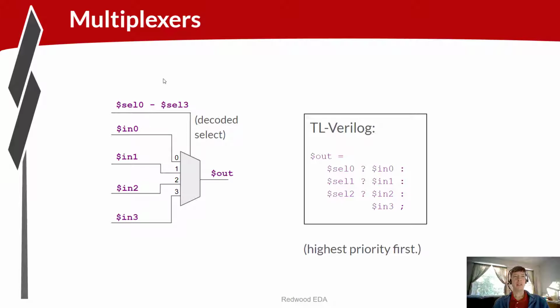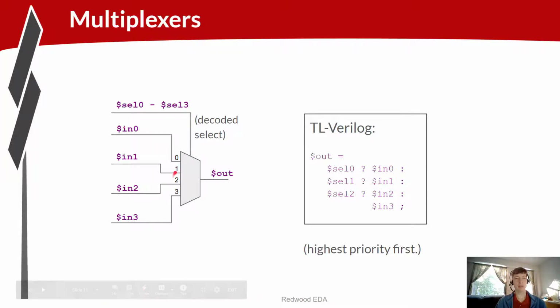All right, next up, I want to talk about a structure called a multiplexer. This is a very important structure in logic. The operation of a multiplexer, it's basically a switch. It's got a number of inputs, and based on a select, you're selecting one of those inputs to drive on the output.